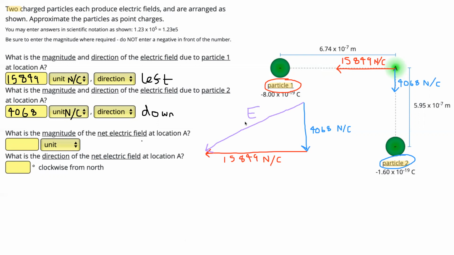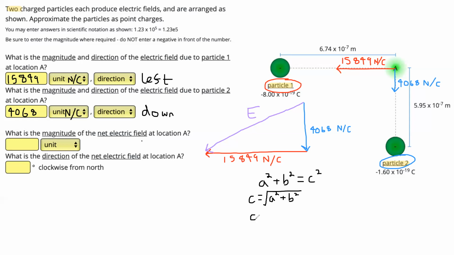So first, to figure out that value, we can use the Pythagorean theorem, which is a squared plus b squared equals c squared, where c is the hypotenuse and a and b are the other sides. So we'll square root everything to get c, the hypotenuse on its own. C is the square root of a squared plus b squared.